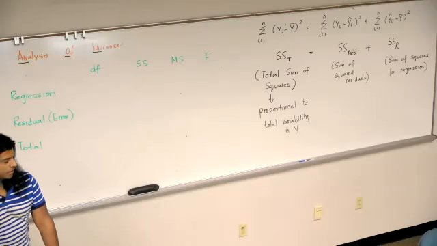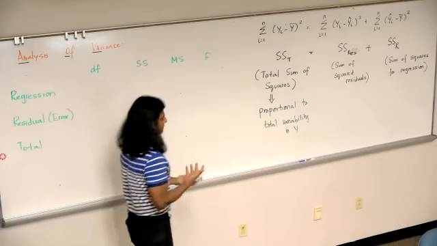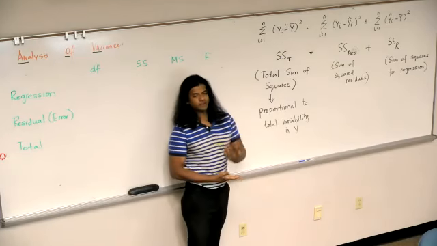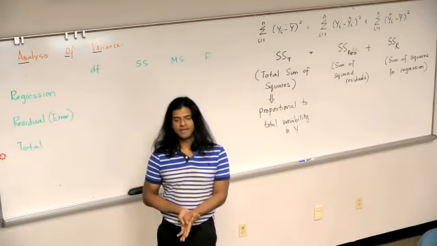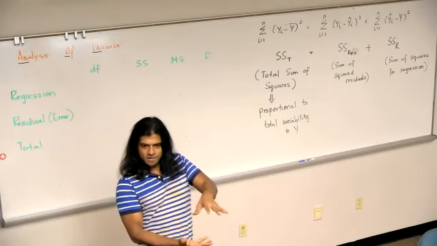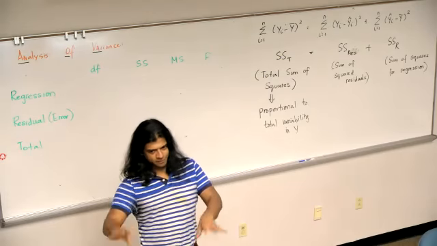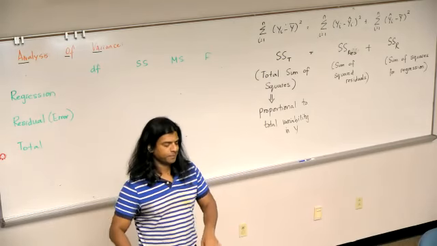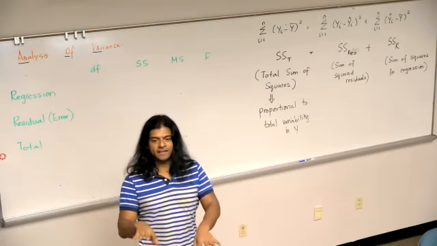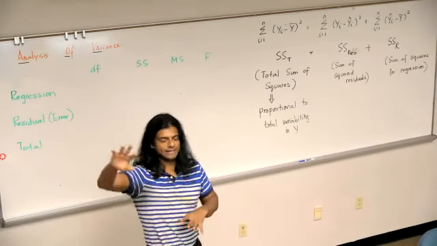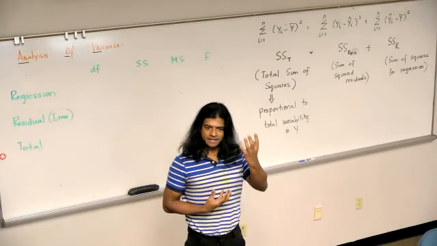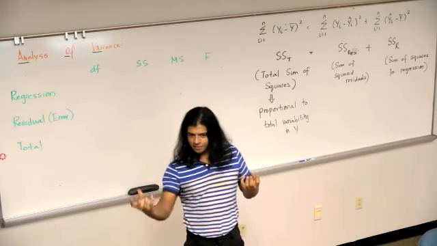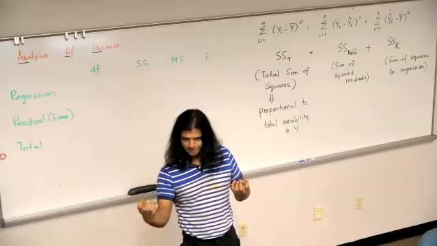That's appropriate. So whatever variation that you see in Y, let's say you're measuring the height of people, and that is our Y, and it depends on the weight of the person. If there is, in fact, a correlation, a line, then I can say whatever variability I see in height is due to the variability in weight.